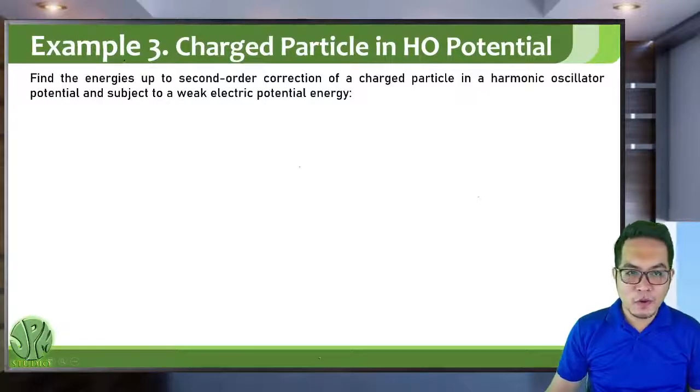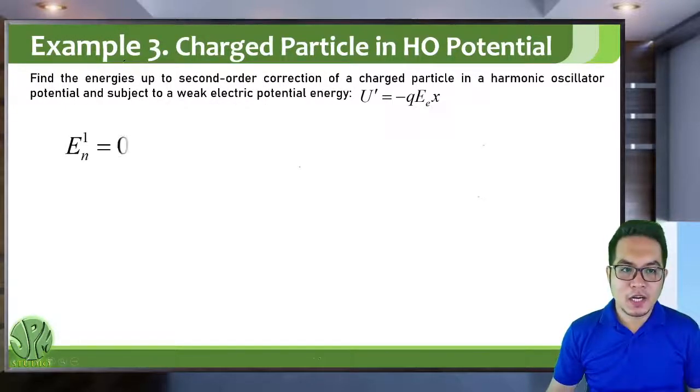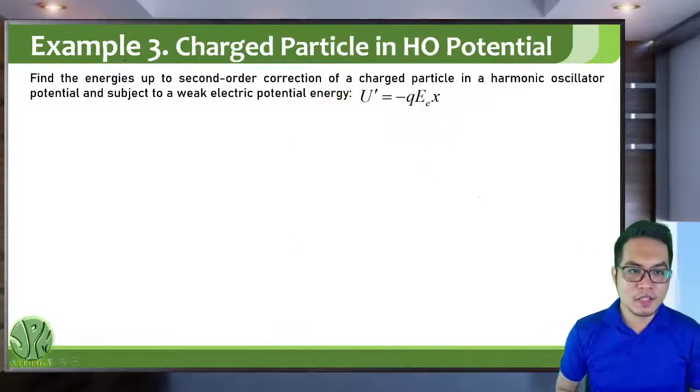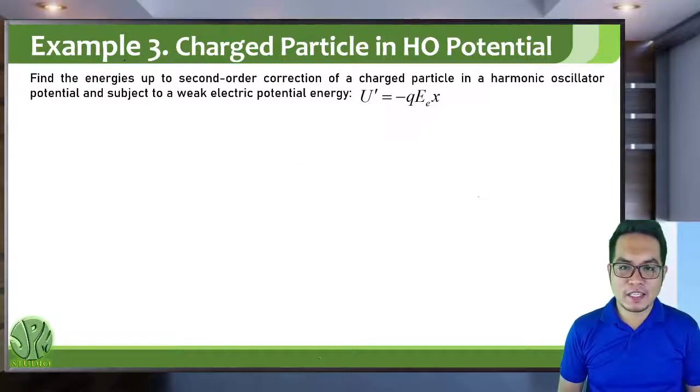Okay, for our last example, we have a charged particle in a harmonic oscillator potential, and it is in a weak electric field, with potential energy U prime. Find the energies up to second order correction for this system.